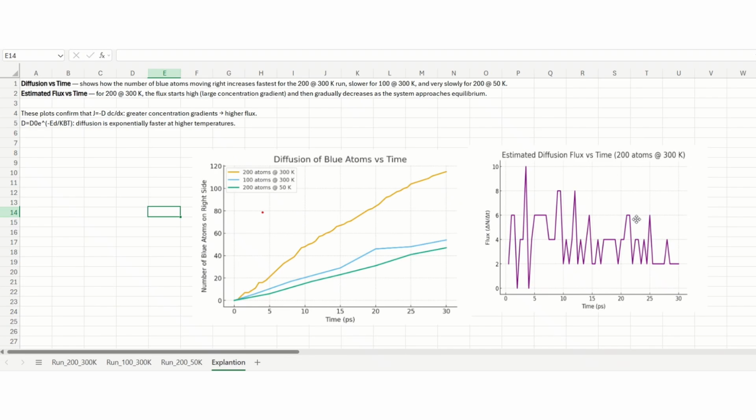I plotted the number of atoms on the right side versus the time, and we can see that the 200 atoms at 300 Kelvin drastically increased the diffusion, while the other ones, which had either fewer atoms or lower temperature, increased more steadily and slower. So the steepest slope is the 200 atoms at 300 Kelvin.